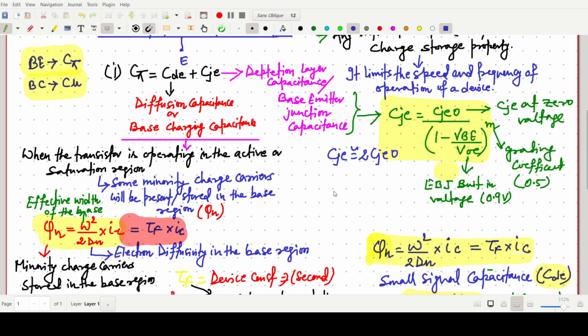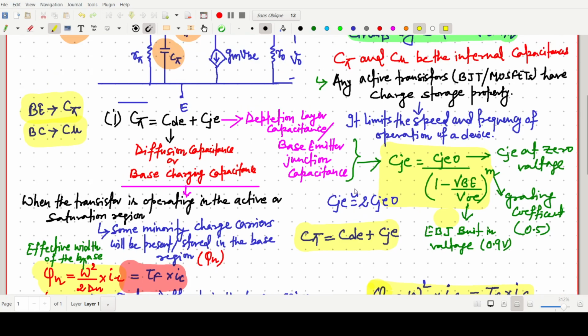And this C pi value that I have already discussed, once again I am writing C pi equals CDE, the diffusion capacitance, plus CJE, the depletion layer capacitance, for the base and emitter junction capacitance.